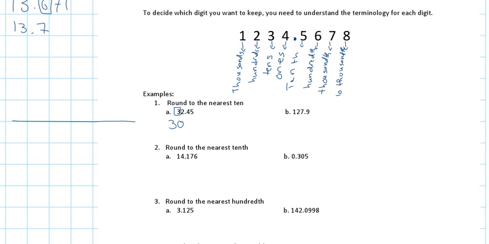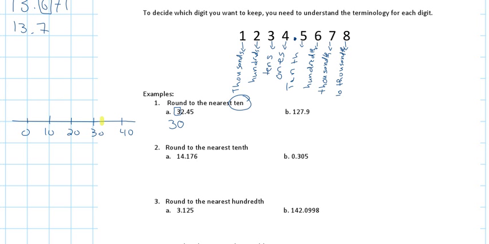So if I'm looking at my numbers here, because I'm rounding to the 10, that means I'm going to look at the tens. Now, 32 falls right here. 32.45 is almost right here, right?